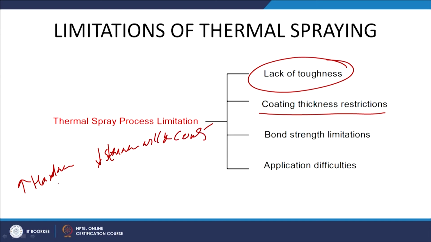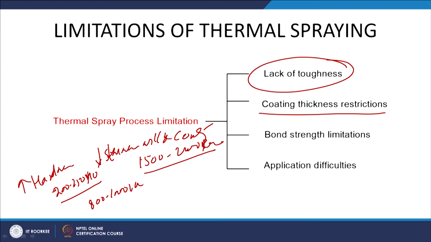For example, for materials of around 200 HV hardness, coatings of 1500 to 2000 micrometers, meaning 1 to 2 mm thickness, can be easily developed. But if the hardness is too high, like 800 to 1000 HV, then this is limited to say 200 to 300 micrometers.